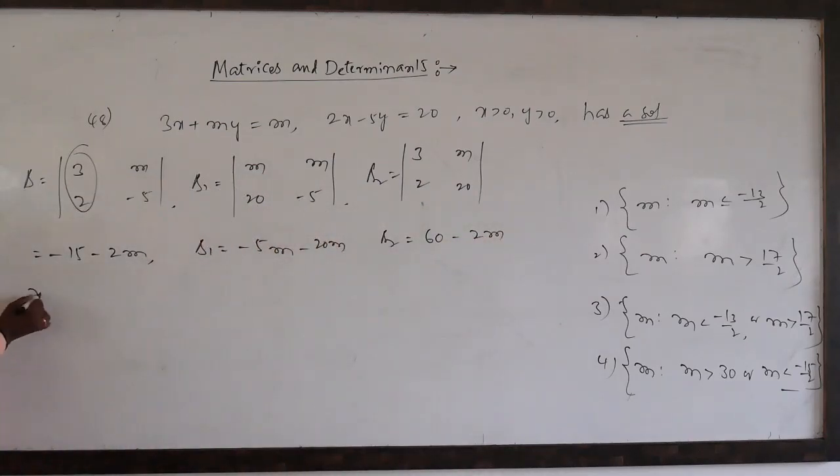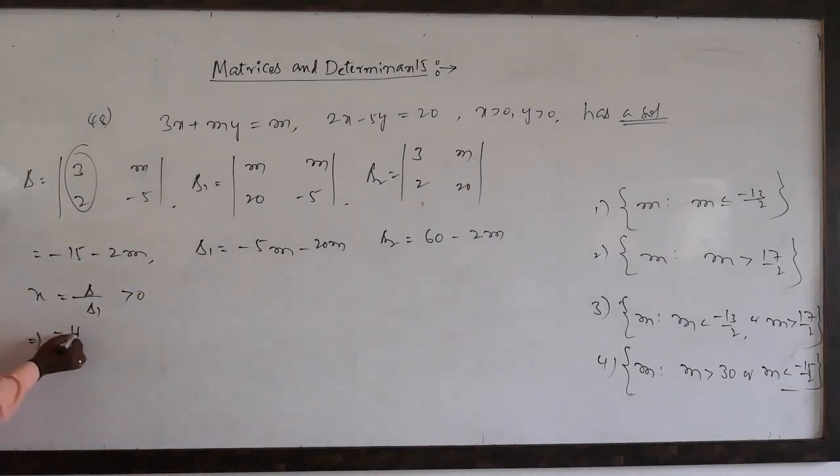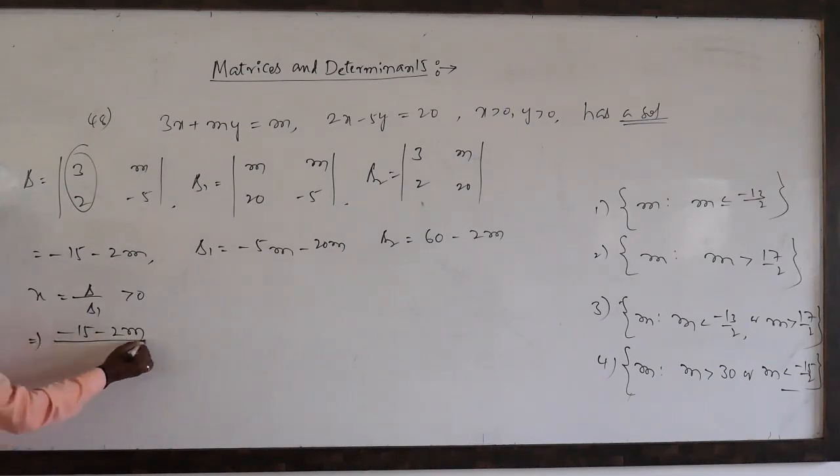So x > 0 means x, which is delta 1 by delta, is greater than 0. Delta is -15 - 2m, and delta 1 is -15m - 20m, that is -25m.